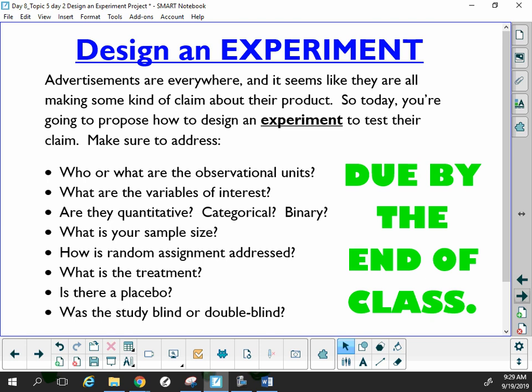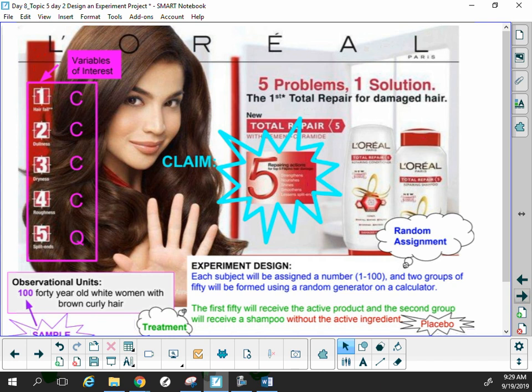So another way, since we've gotten Chromebooks in the school, another great way of doing this is you can do this electronically. That way you're not limited to what ads I have in the magazine. You can find your own ad. You can just type in advertisement and do Google Images and then just find one you like. And this is an example that I made.